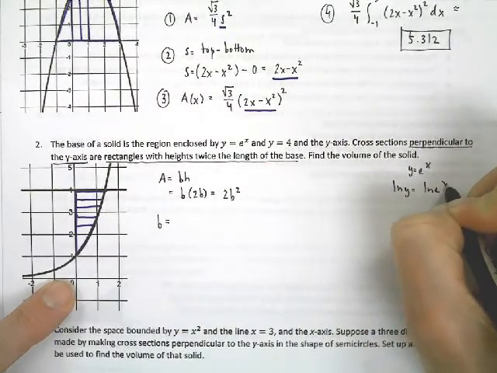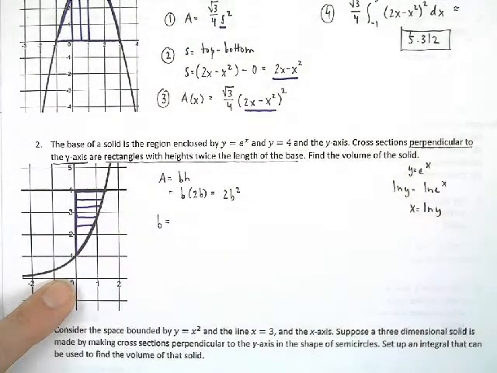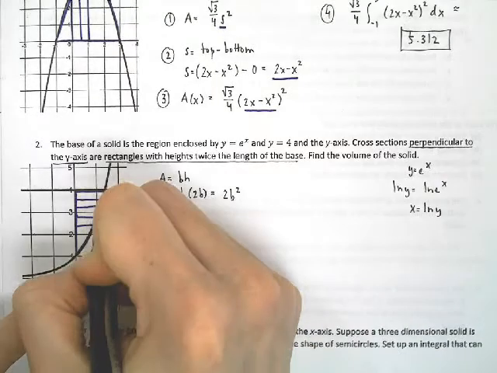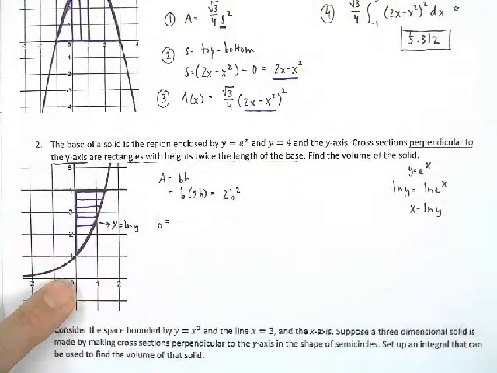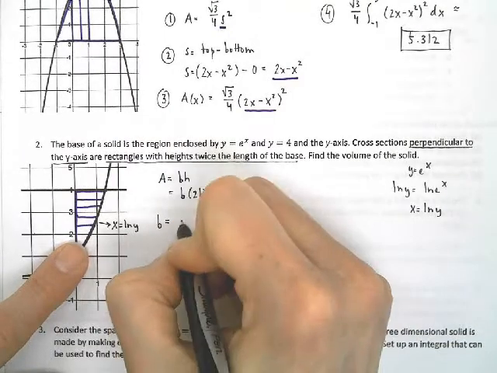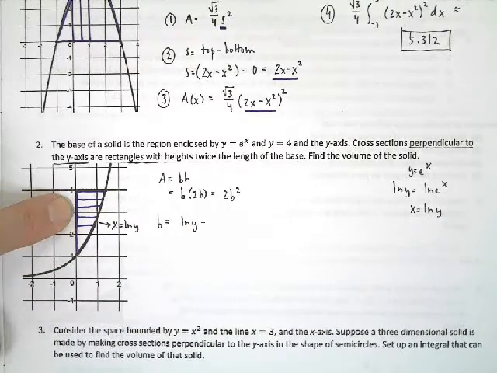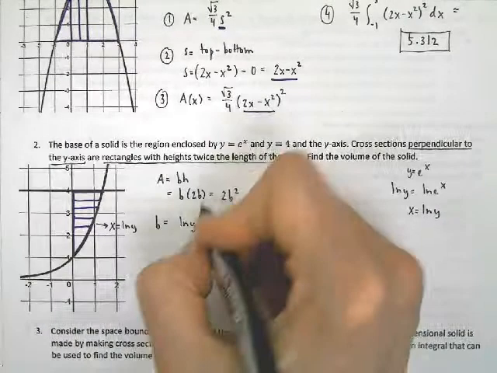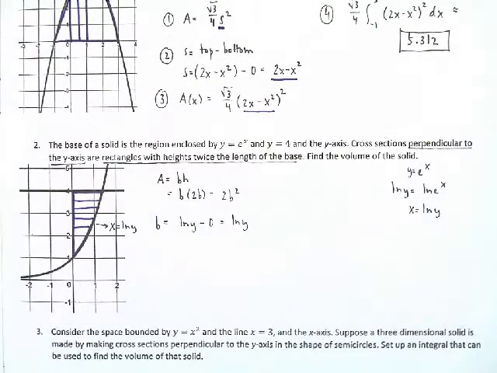If I take the natural log of both sides, that tells me that x is equal to the natural log of y. So now this curve is just x equals the natural log of y. So my base is natural log of y minus, well here, this is just x equals 0. So minus 0, so my base is the natural log of y.